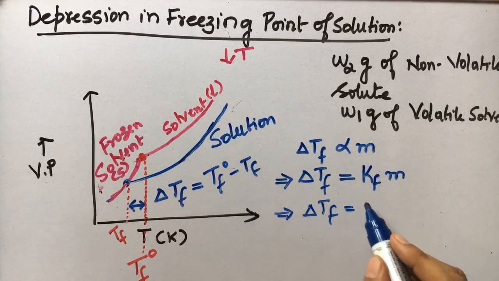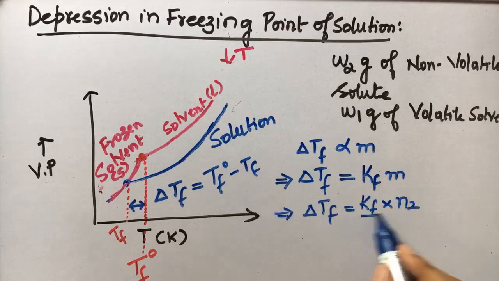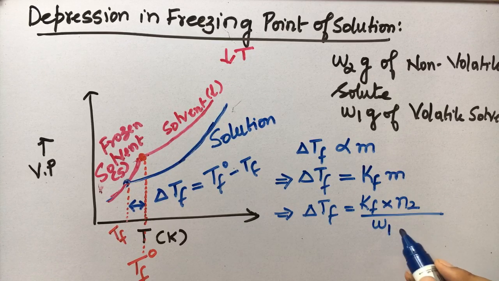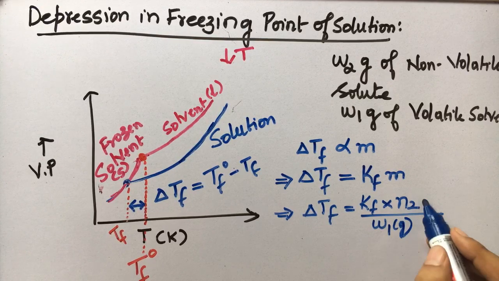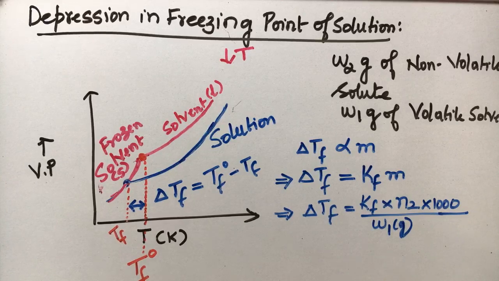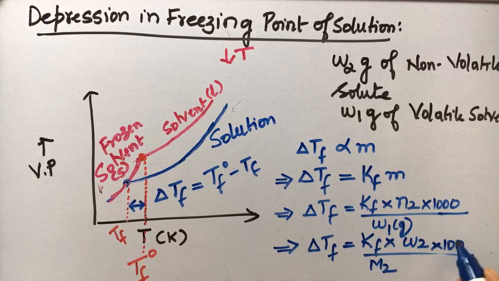Delta TF equals Kf into the number of moles of solute divided by the mass of the solvent, W1 in grams, divided by 1000, so that it is converted into kg. Now delta TF equals Kf multiplied by n2, which can be written as W2 divided by M2, that is the number of moles, into 1000 divided by W1.